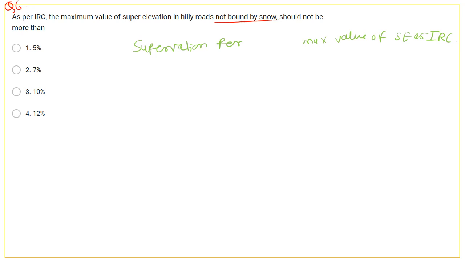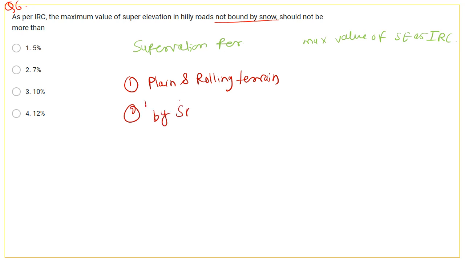In that, different conditions are there. The first condition is super elevation for plain and rolling terrain. The second condition is bound by snow.